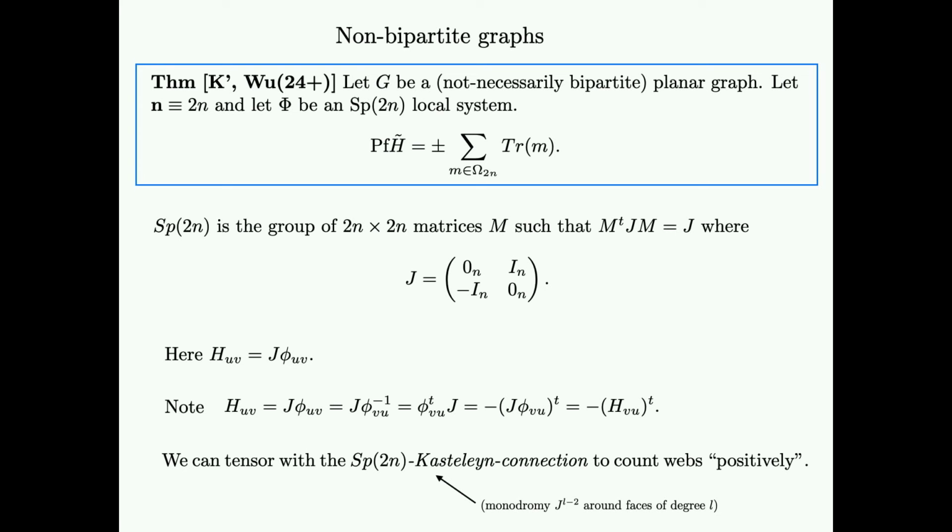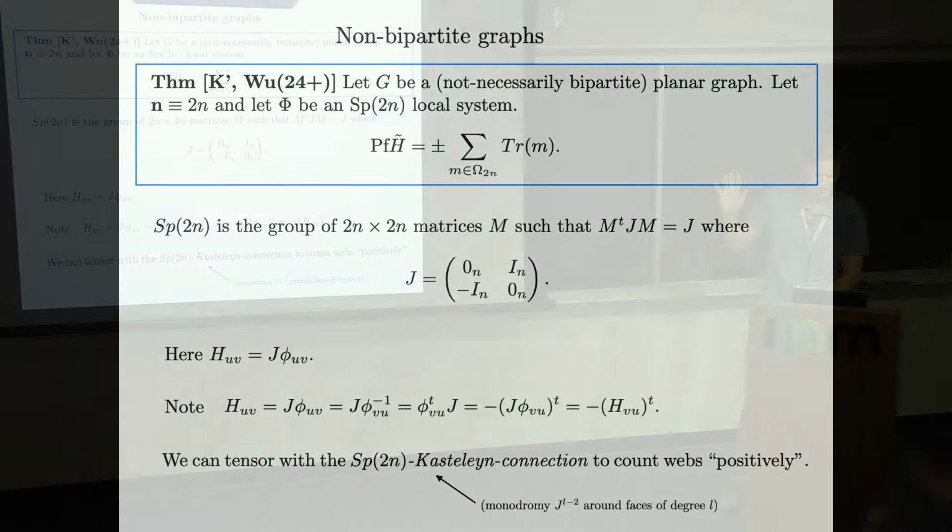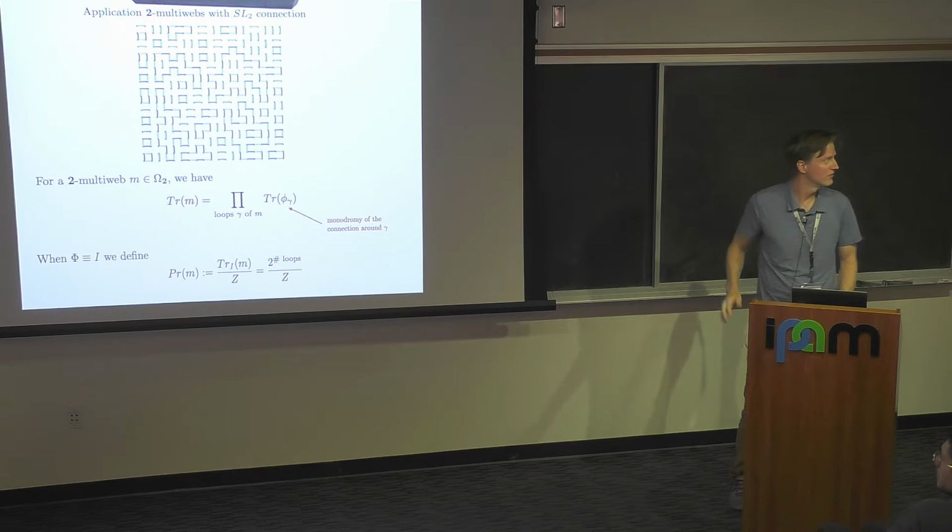Then you can see through a very simple string, using the fact that phi is symplectic, that j phi inverse is phi transpose j, that the H matrix is antisymmetric, so the Pfaffian is well defined, and that's what you get. Okay, so let me not talk about that. Let me just go to the applications.